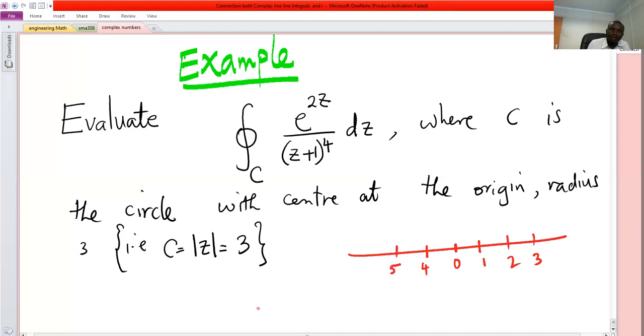So now this is how we define this z minus z naught. So when we have z plus 1, then it tells us this is a circle radius 1.